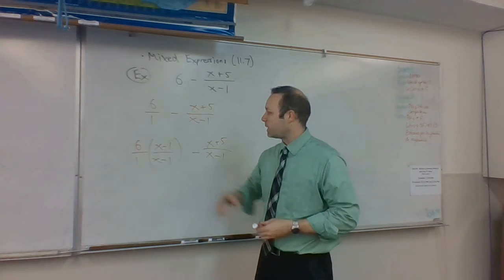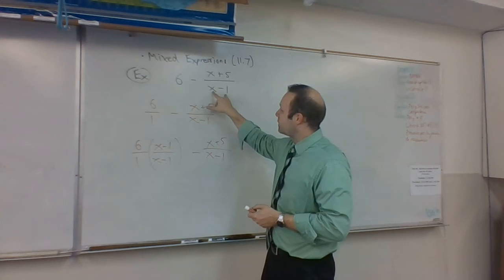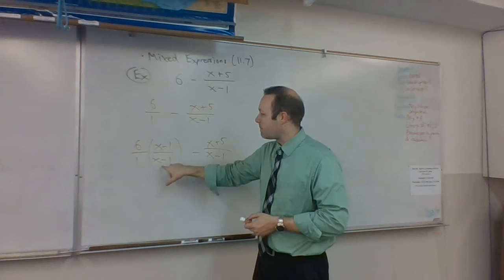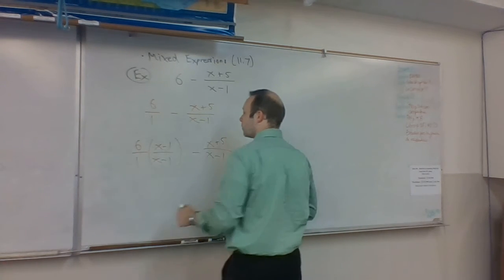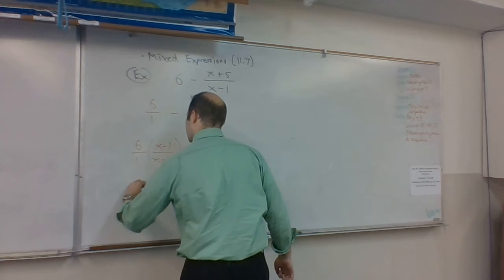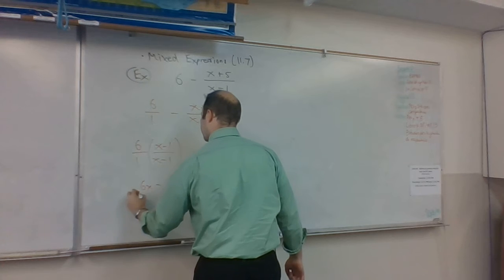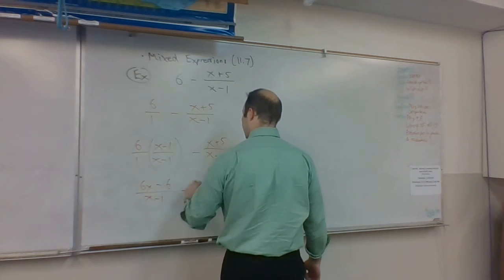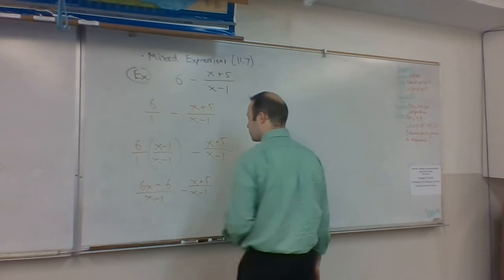So we're allowed to multiply there. So again, we've taken the x minus 1 in the denominator here, and we multiplied it top and bottom by our non-rational expression. So when we multiply this out, we get 6 times x, 6x, 6 times the negative 1, minus 6 over x minus 1, minus x plus 5 over x minus 1.